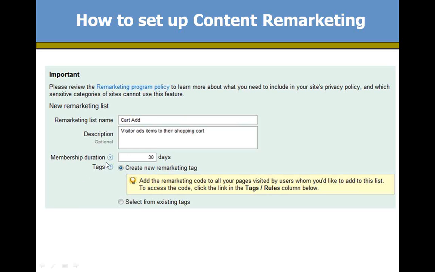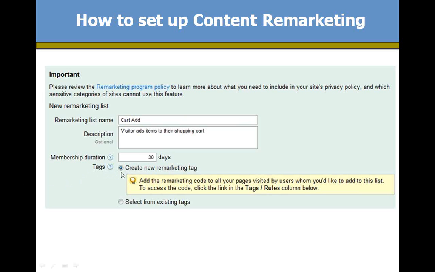However, if you have a lower volume site, you may need to increase the membership duration to 60 days just so that you have enough time to get enough people into the audience. There is a 500 unique person minimum before your ads will start running. So after the first couple of days you've got this going and you don't see anybody, that's why. You need to have 500 unique users, and I'll go into where you can find out that information in a second.